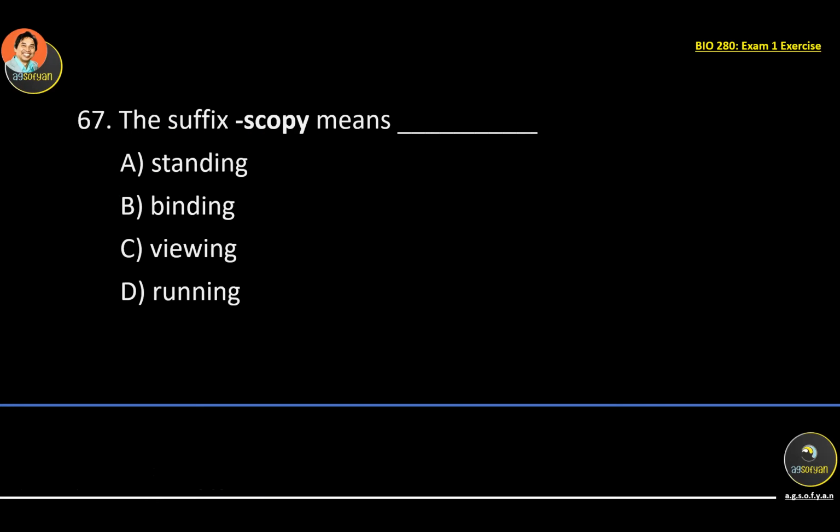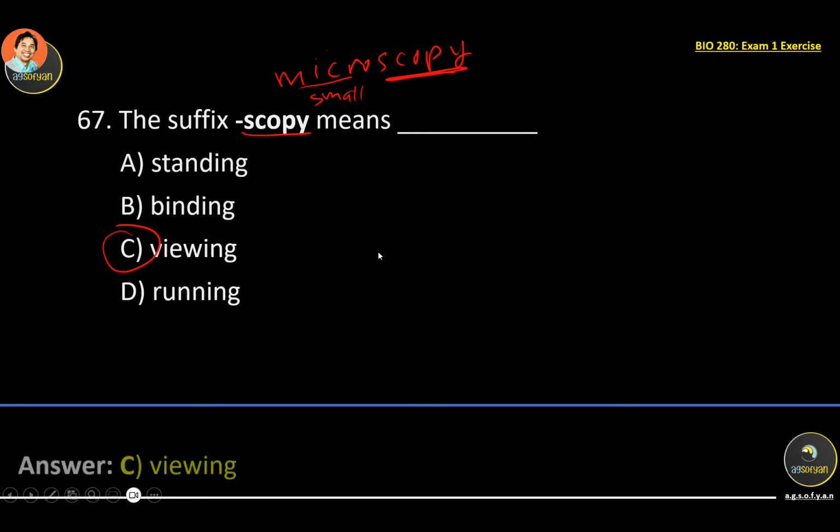The suffix scopy, microscopy, for example. Okay, so micro means small. Okay, scopy means viewing. So this is equipment that's used to view small organisms. Okay, so scopy means viewing.